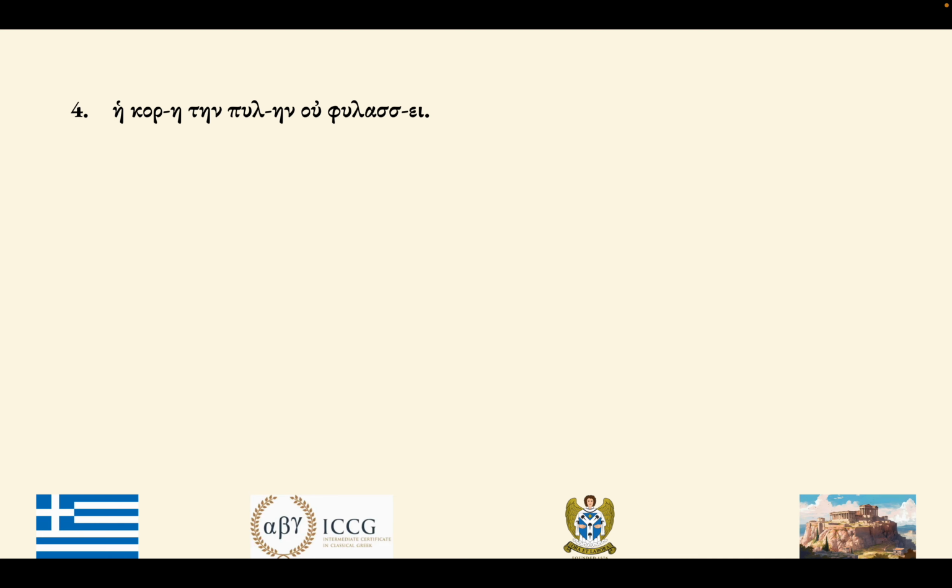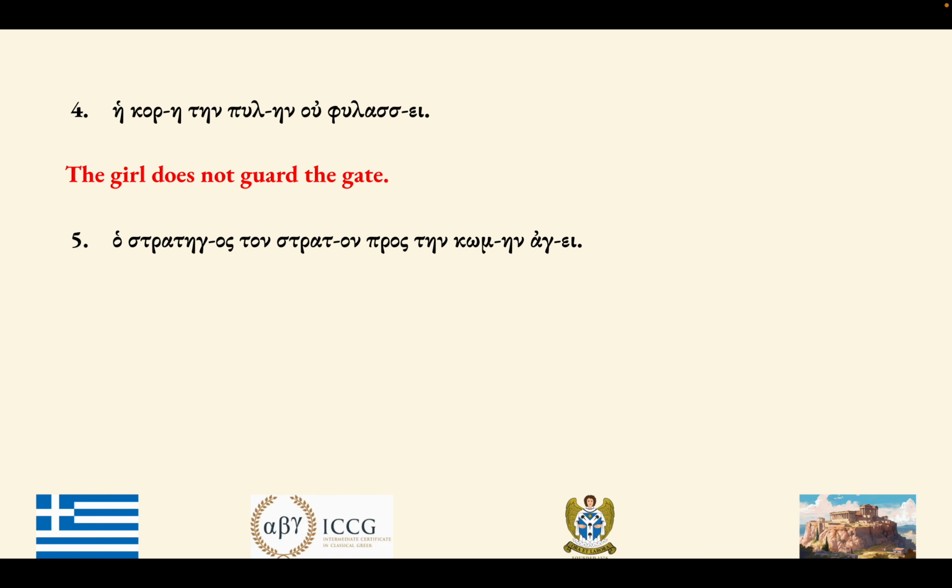Then, number 4, her kore ten poulen ou foulasse. The girl does not guard the gate. Number 5, hostrategos ton straton pros ten komen age. The general leads the army towards the village.